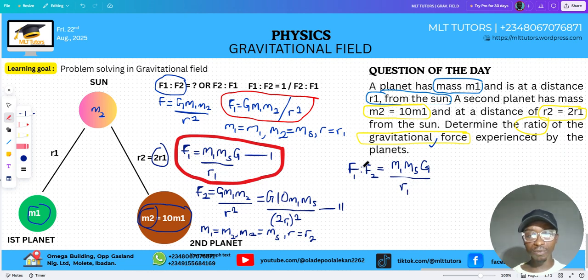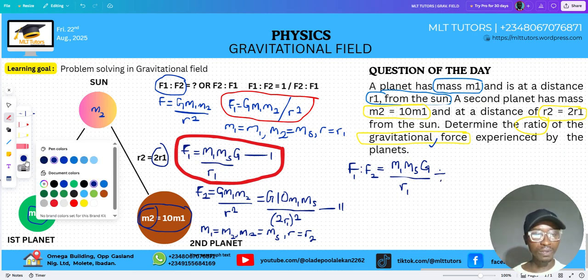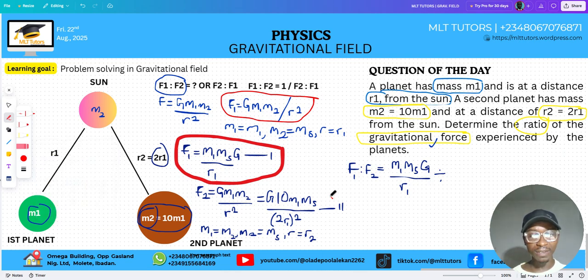Then ratio means divided by, then divided by what? We have already derived the expression for f2, and here is the value of f2. So precisely we are substituting this value for f2.